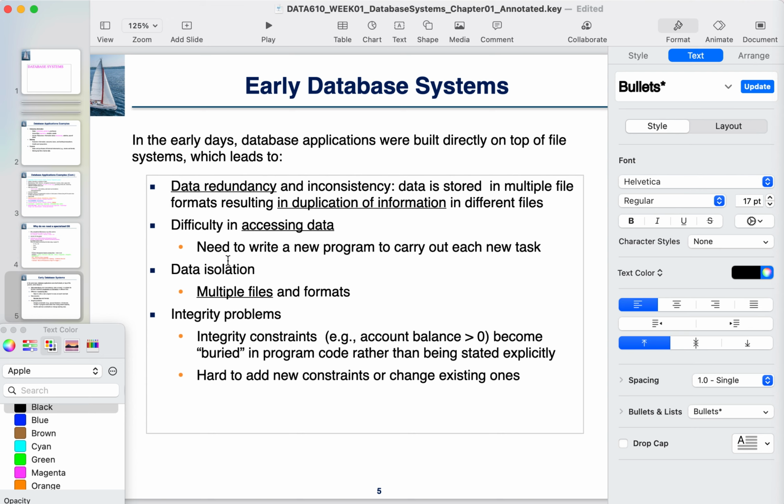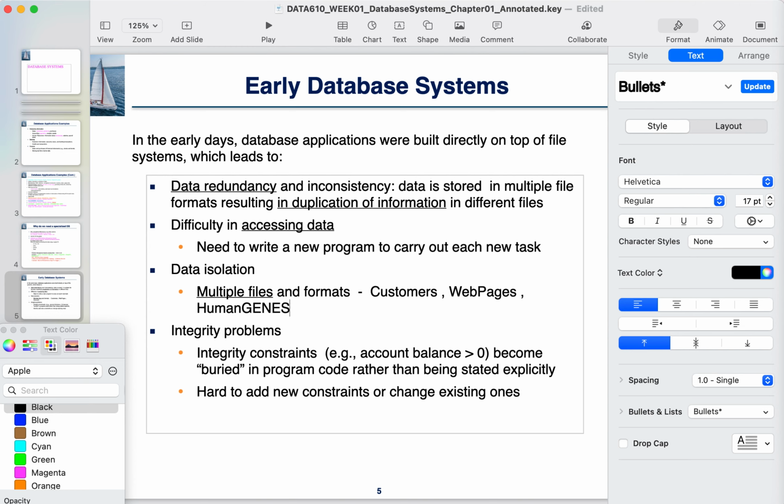It could be a database of movies. So we could be storing customers, we could be storing web pages, we could be storing human genes, medical exams, we could be storing videos, music, or pictures.